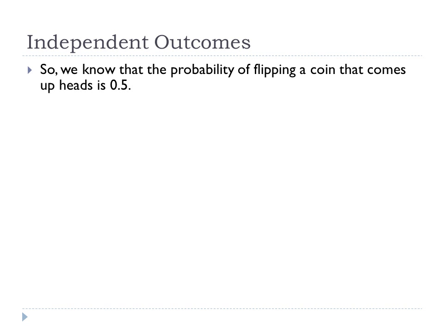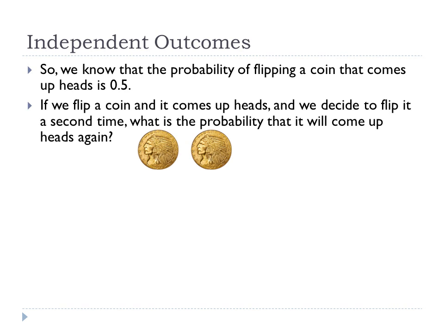So the next thing we want to talk about then is independent outcomes, and we'll continue with the coin flipping example. So if you know that the probability of flipping a coin that comes up heads is 0.5 or 50%, what happens if we flip two coins? So if we flip a coin and it comes up heads and we decide to flip it a second time, right?